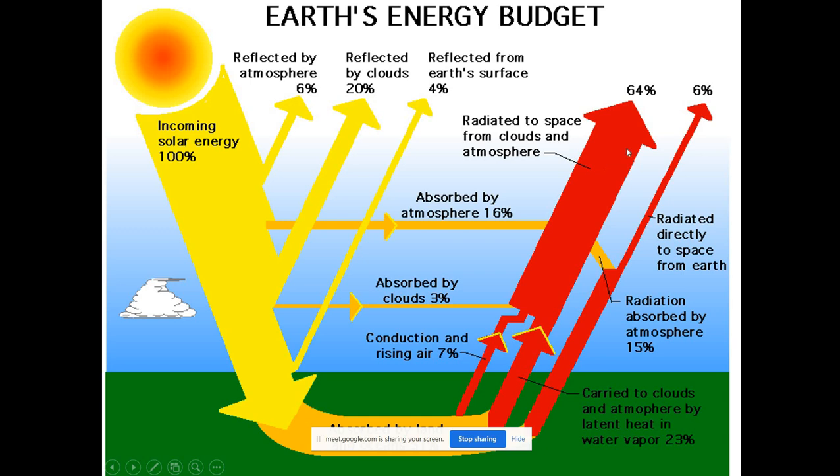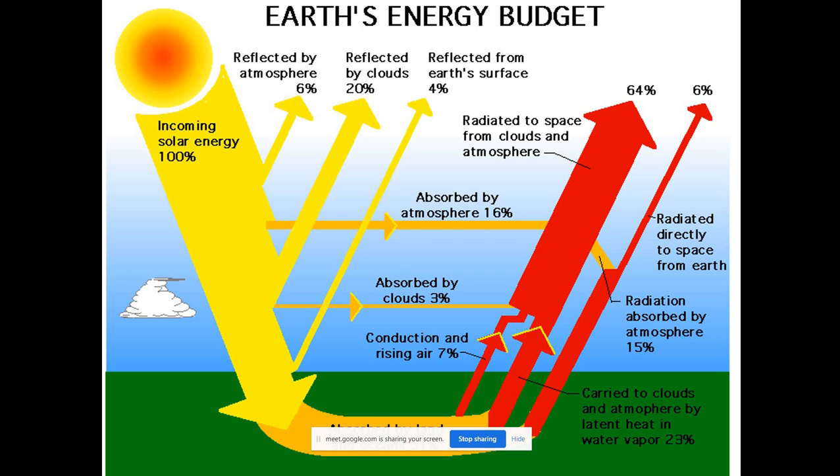So this energy is absorbed, okay, radiated. So 6% energy is radiated directly to space from Earth, and radiation absorbed by the atmosphere is 15%. In the red and yellow arrows you can see the different parts of the energy and where it goes.